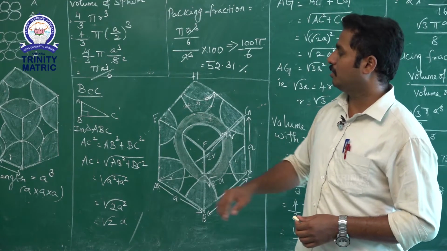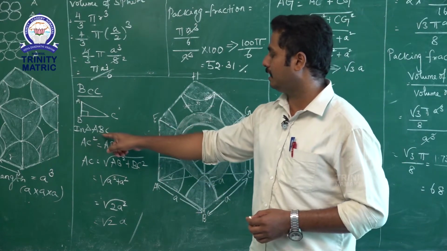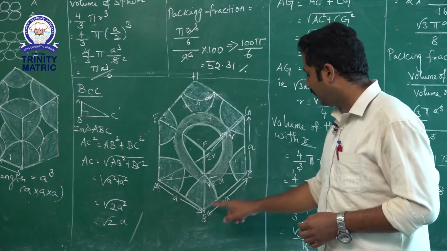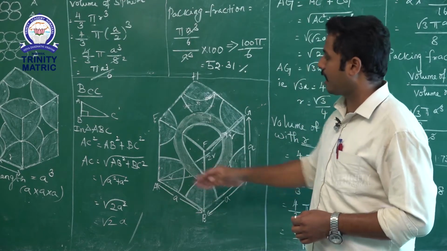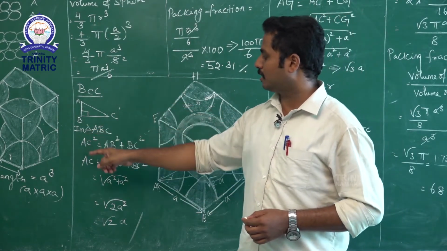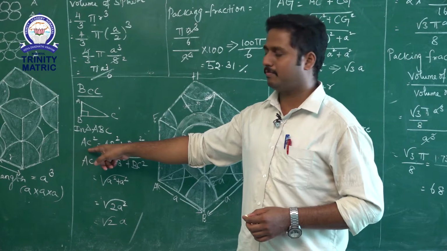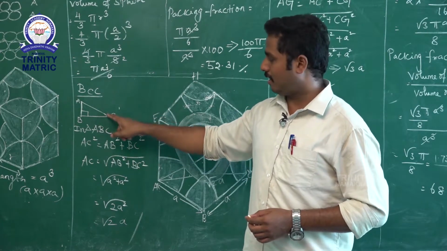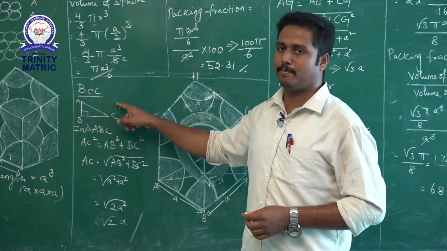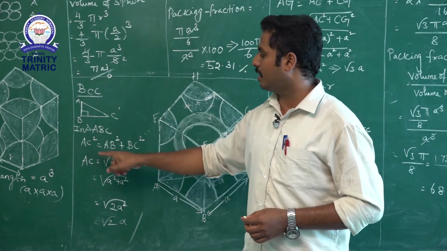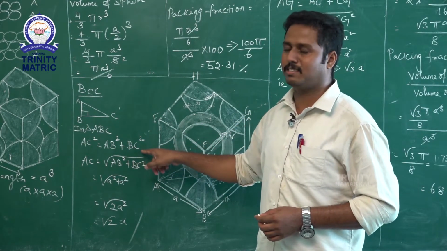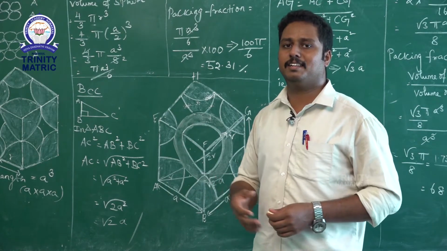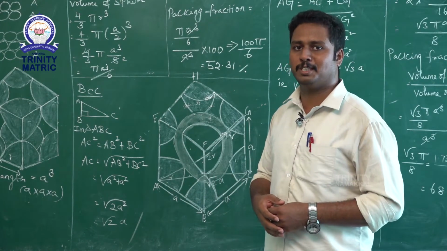The first one is you just consider the right angle triangle ABC. When we consider this right angle triangle, you know that AC square. AC is the hypotenuse of this triangle. So AC square is equal to AB square plus BC square. This is not new to you; you must have already studied the Pythagoras theorem in 9th and 10th.